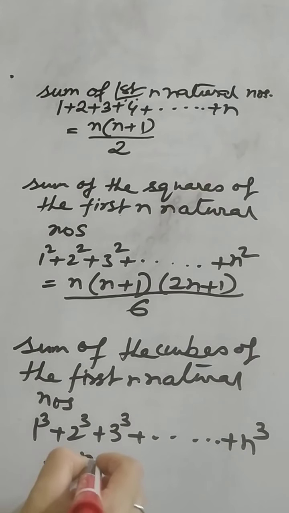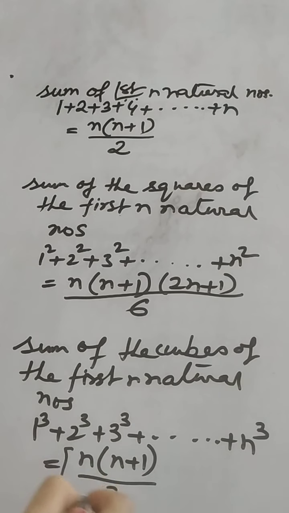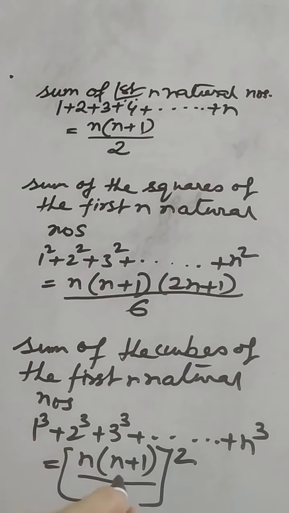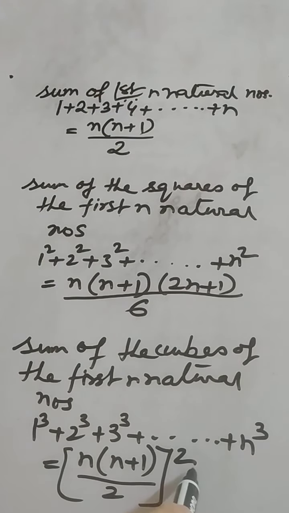That is equal to (n into (n plus 1) by 2) whole square. Okay. This sum is the sum of the first n natural numbers, and the square of it is the sum of the cubes of the first n natural numbers.